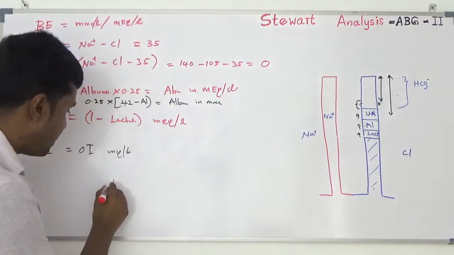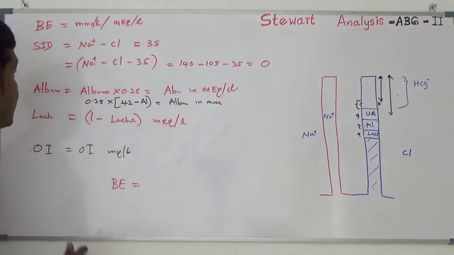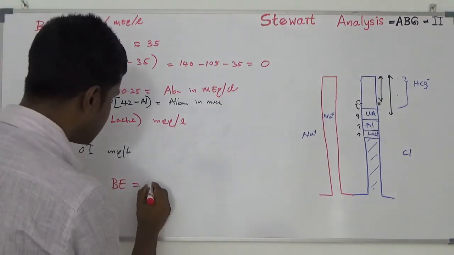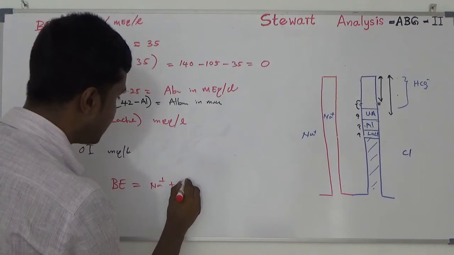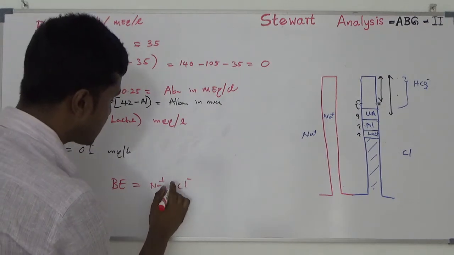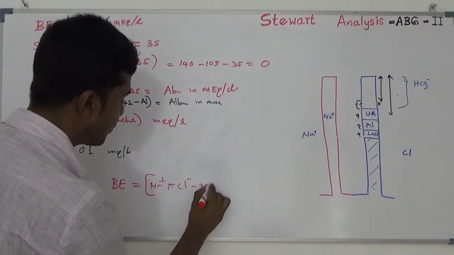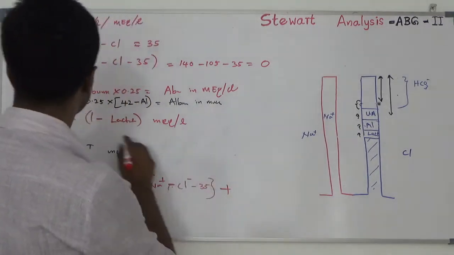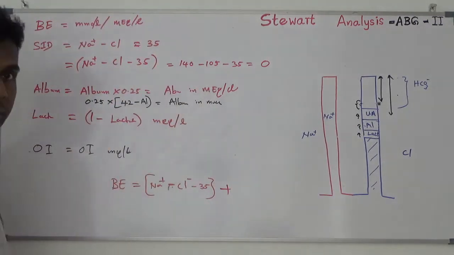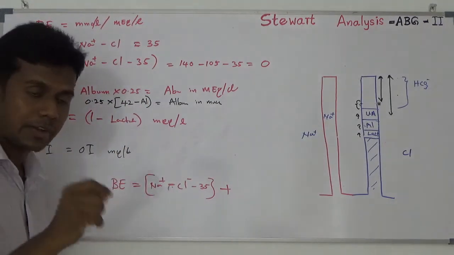How? My base excess in milliequivalents must be equal to strong ion difference, sodium minus chloride, minus 35, plus albumin reduction effect. This is the strong ion effect, this is the albumin reduction effect.